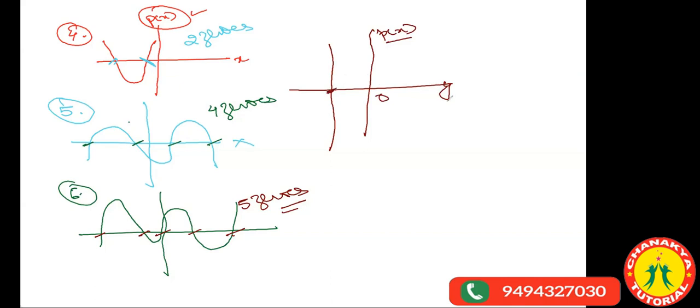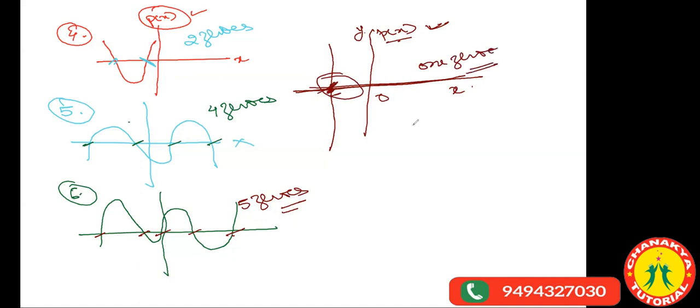Your horizontal axis is your x-axis, and this vertical axis is your y-axis. Your polynomial is given in the x variable, so you have to check only the x-axis, where the polynomial intersects it. Here in this graph, it intersects only at 1 point. So therefore, it contains only 1 zero. Clear? Meher?